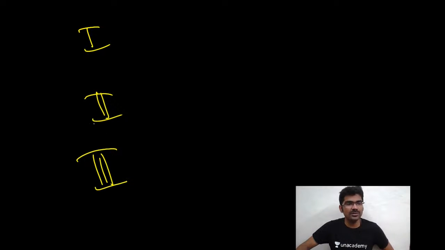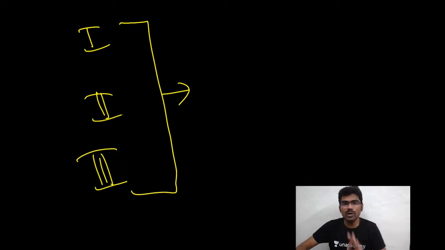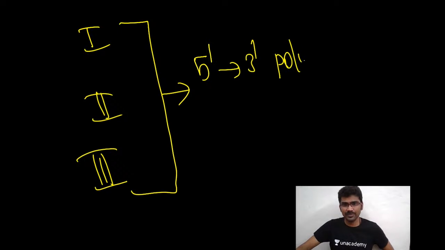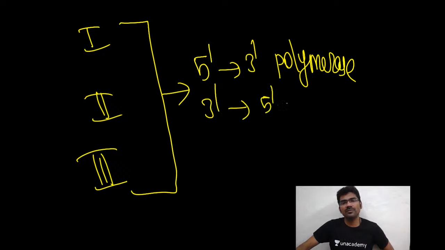First, let me introduce the prokaryotic DNA polymerases. In prokaryotes, you have three types of DNA polymerase: 1, 2, 3. All these three polymerases have two activities: 5' to 3' polymerase activity and 3' to 5' exonuclease activity.